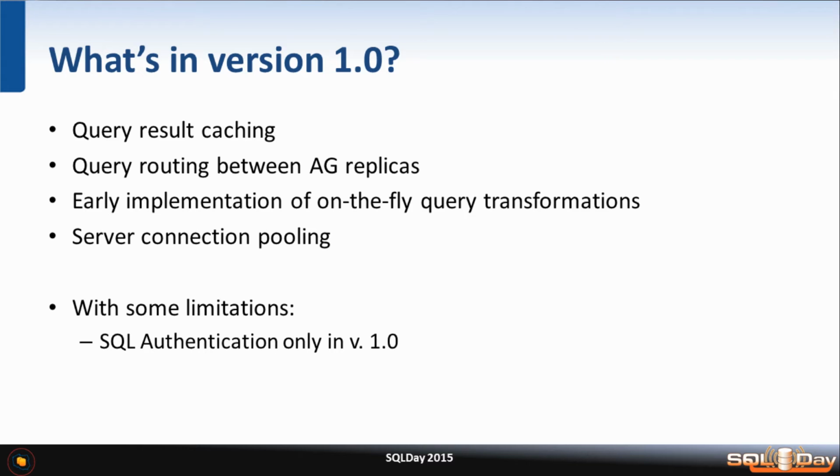We also have server connection pooling. That's kind of obvious because if you're talking to us and we're talking to the server on your behalf, then the number of connections that we have as a proxy to the server in the background is different from the number of connections that the application opens. The application might have 1,000 connections open, but these are connections to the proxy. We're going to have only as many connections to the server itself as we need.